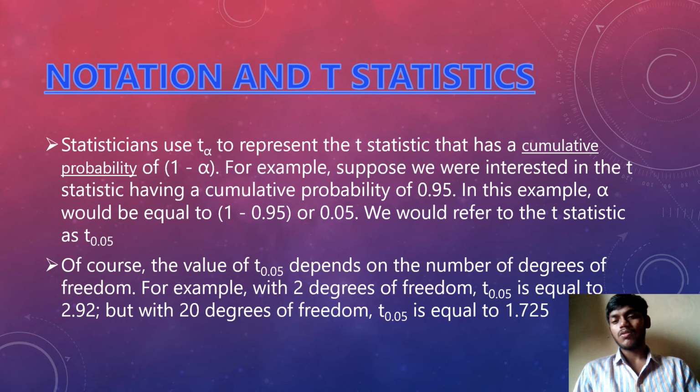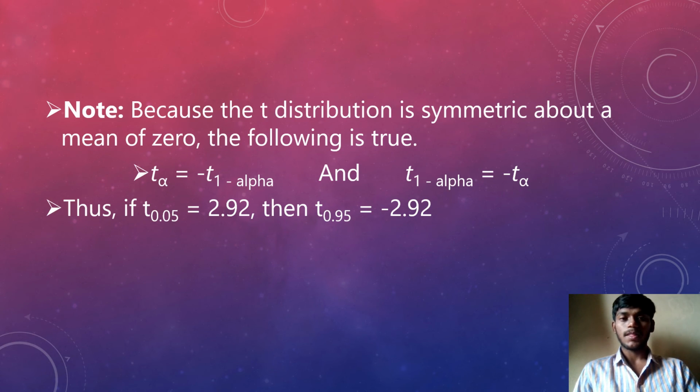We would refer to the t-statistic as t 0.05. Of course, the value of t 0.05 depends on the number of degrees of freedom. For example, with 2 degrees of freedom, t 0.05 is equal to 2.92, but with 20 degrees of freedom, t 0.05 is equal to 1.725.